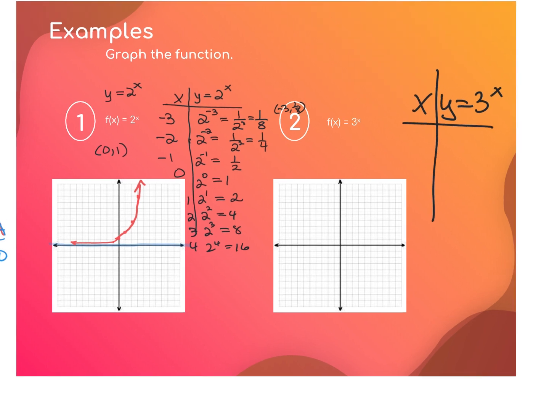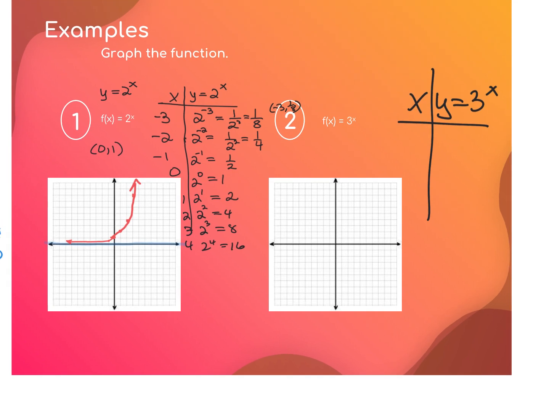So I'm actually going to plug in 5. But again, what you should be plugging in when you're doing this, 3 points. I would plug in a negative number, 0, and a positive number. And then just add in the general shape. So for this one, I'm going to do 5, just because we're still learning.